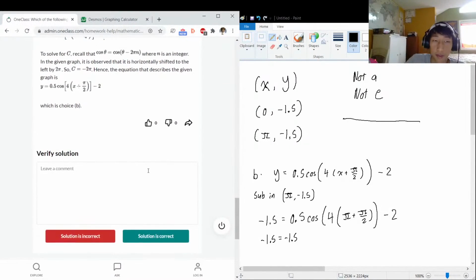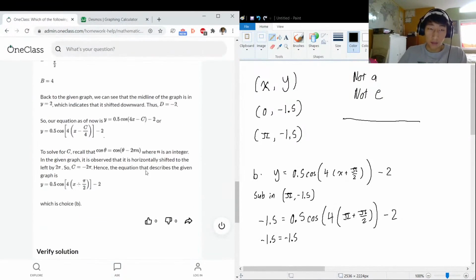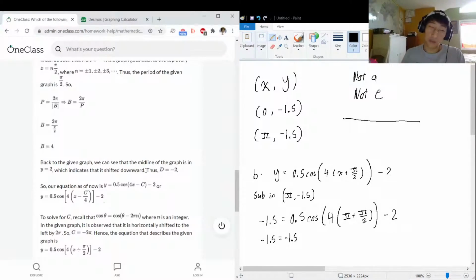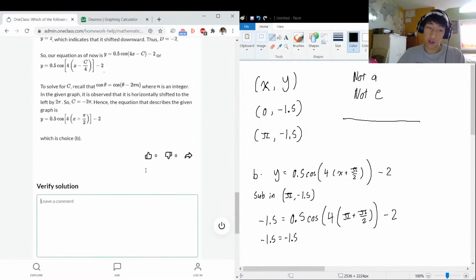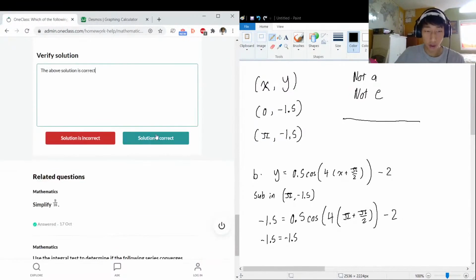So the choice is B, and there's a big detailed explanation with some more formal mathematics about how you can change the phase or the compression term. And here, multiplying by 4 compresses the entire graph to be 4 times more frequent than it is regularly with just cos x. So the above solution is correct. Awesome.